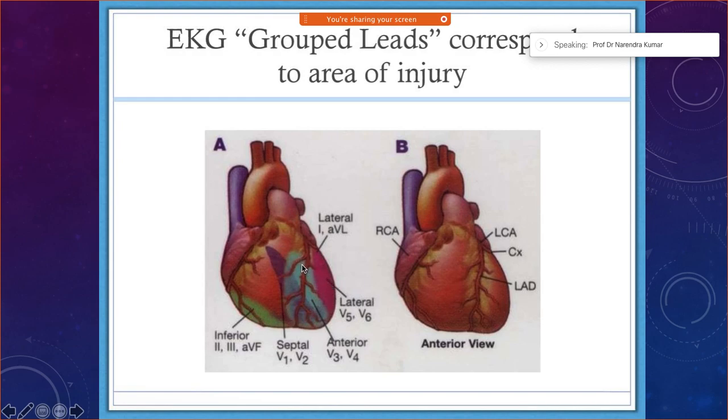If the blood vessel supply to this area is getting affected, that's where you may anticipate those kinds of problems as well. And the lateral wall, as we had already said, is lead 1 and AVL. So these are the different vessels which may be playing an important role if you're trying to think about the anterior wall.